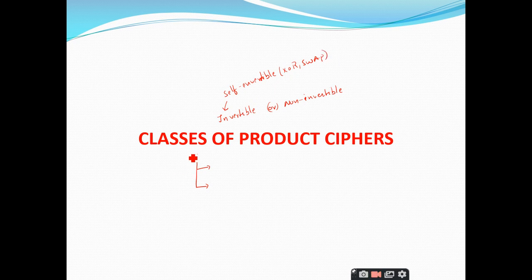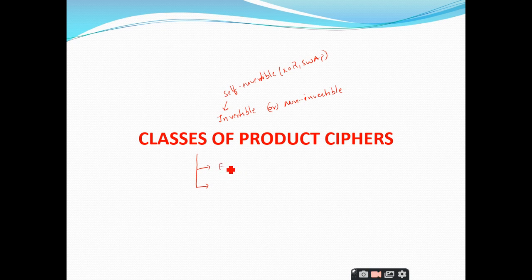So these classes of product ciphers, or else we can also say the categories of the product ciphers, are based on whether you are using the invertible components or a combination of invertible and non-invertible components.